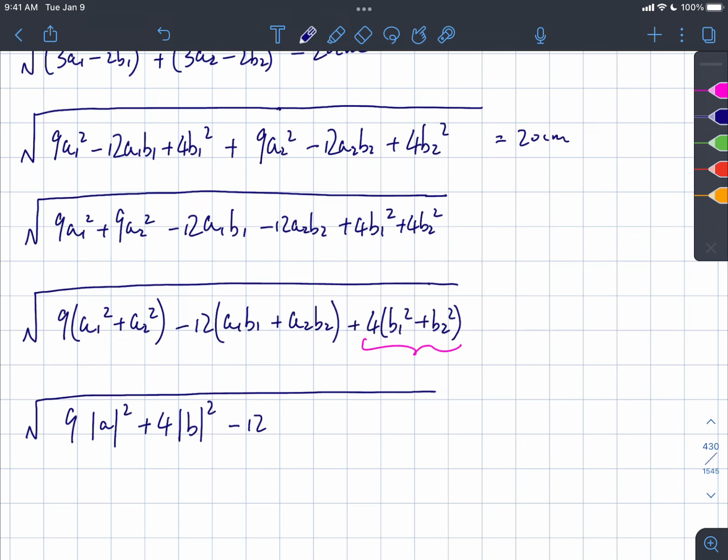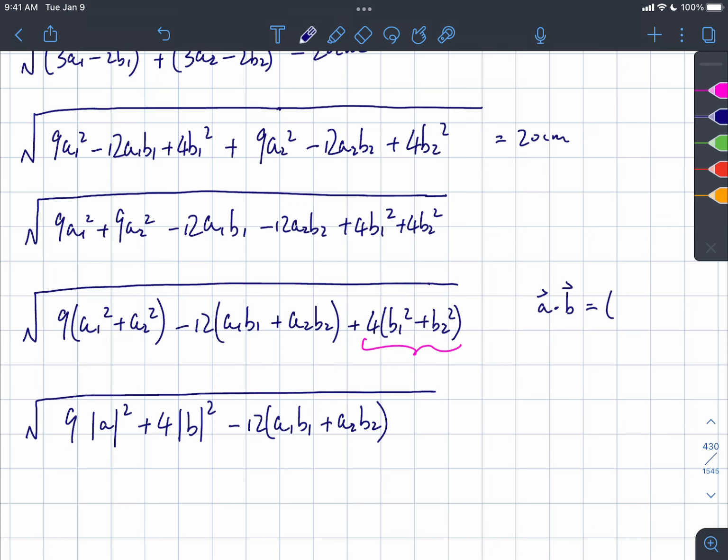So now if you look at the middle, this is something that you have to know, which is, if you don't remember, what's in the middle calculates the dot product. So for example, if you have a dot b, a and b being two vectors, you will have two ways to go about it.